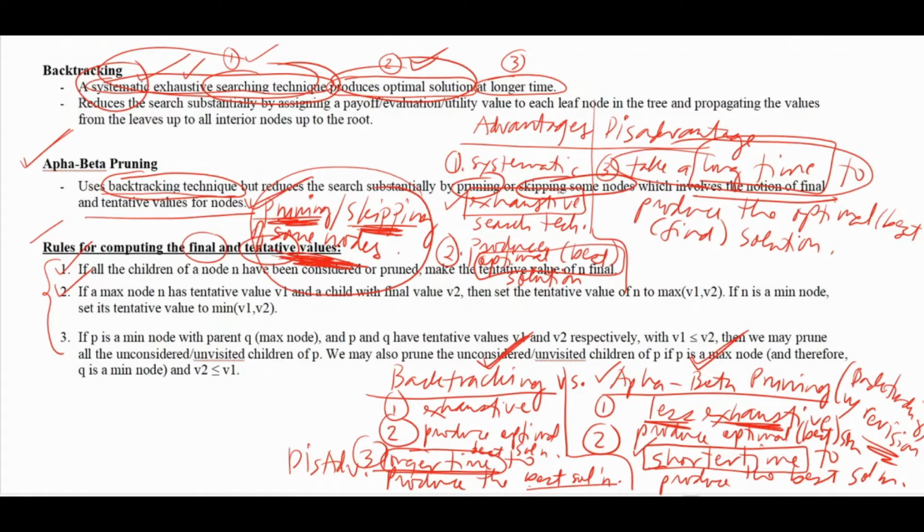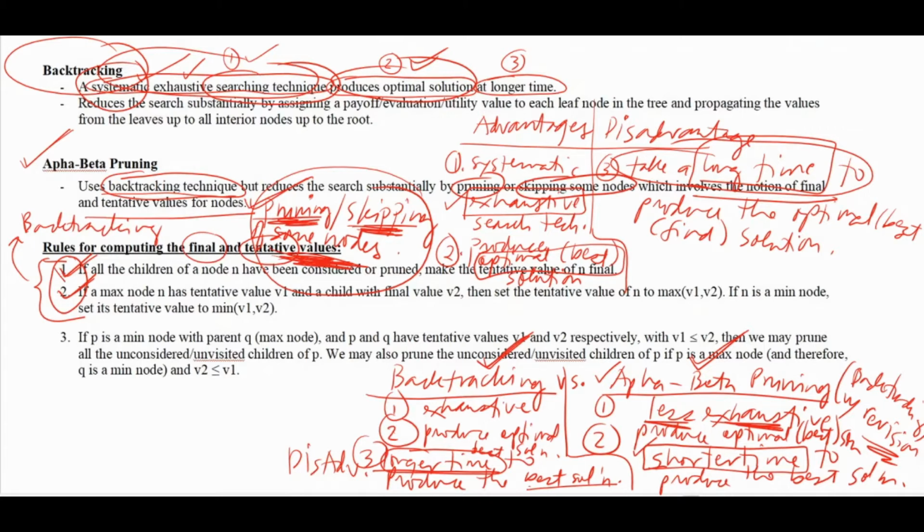So rule number 1 and rule number 2 are already applied for backtracking. The normal backtracking involves only these two rules, number 1 and number 2. Remember that we applied these two rules when we performed backtracking in our previous tic-tac-toe game 3.